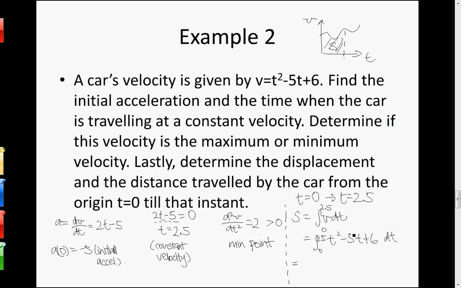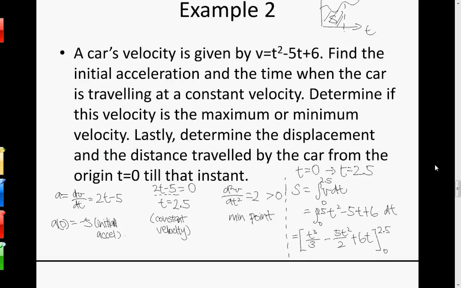Okay, so what I get is t cubed over 3 minus 5 over 2 t squared plus 6t. So I have to do it from 0 to 2.5. However, doing so may not be correct, because we have to check whether this 2.5 is larger than 2. So we cannot just do it in this way. We have to do it properly.